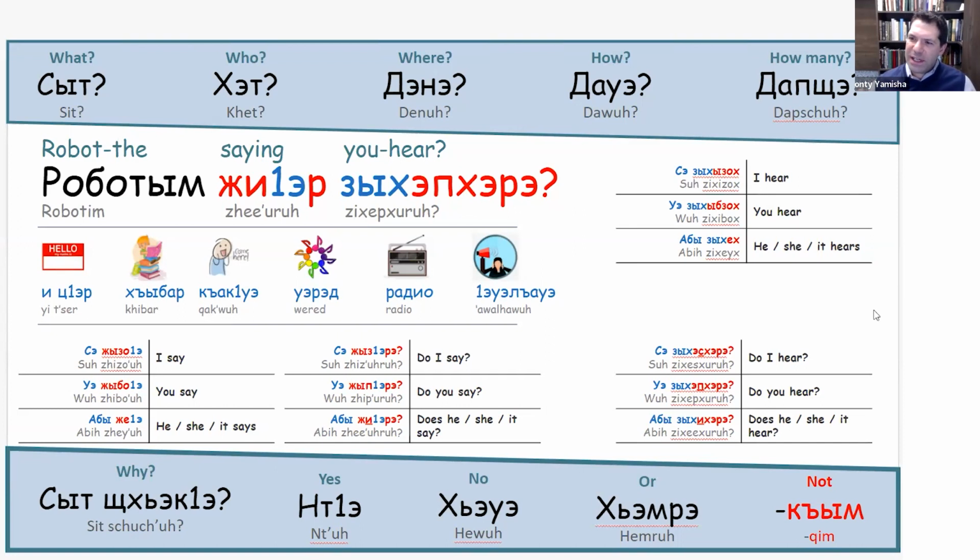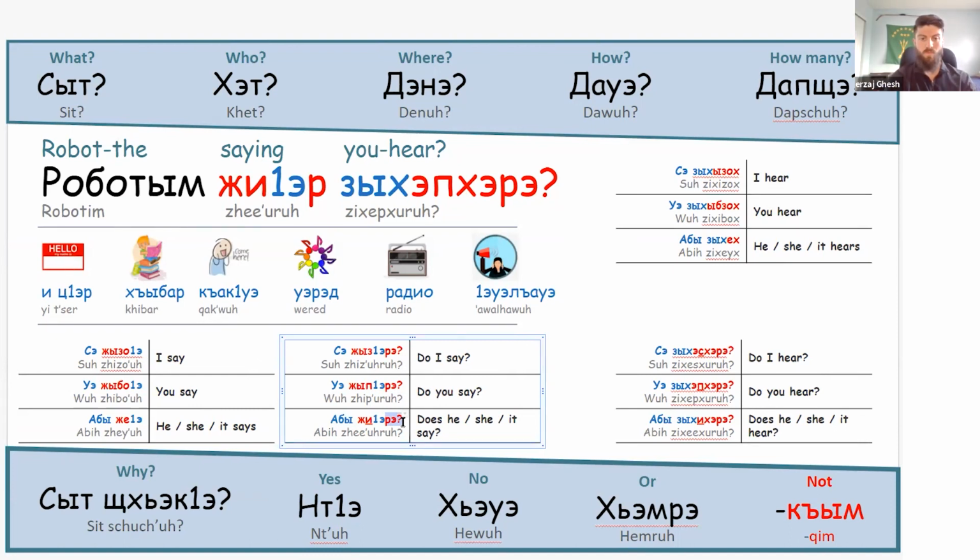Do you hear what the robot is saying? So now we're combining the verbs. Do you hear what the robot is saying? Now, this is a little trick. Okay. Do you see here the question form of abuji'ara? You see how it ends in ra? Okay, this is question form.